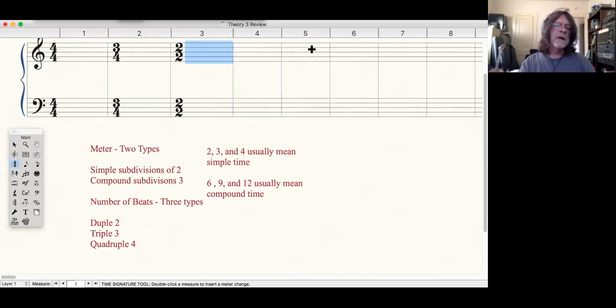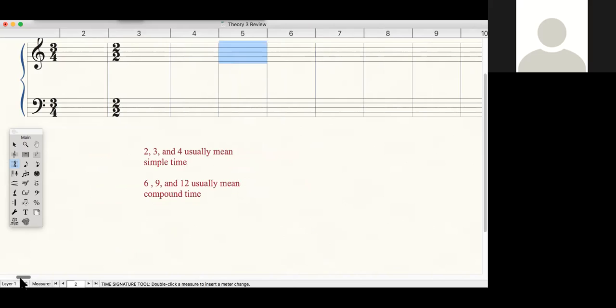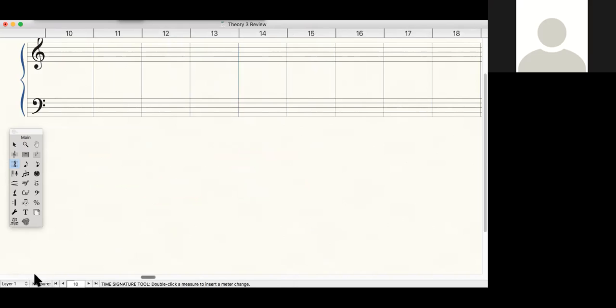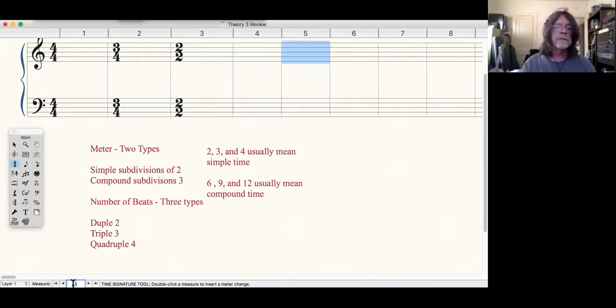So now I'm going to talk about compound time. I want to go to measure 1, 2, 3, 4, 5.